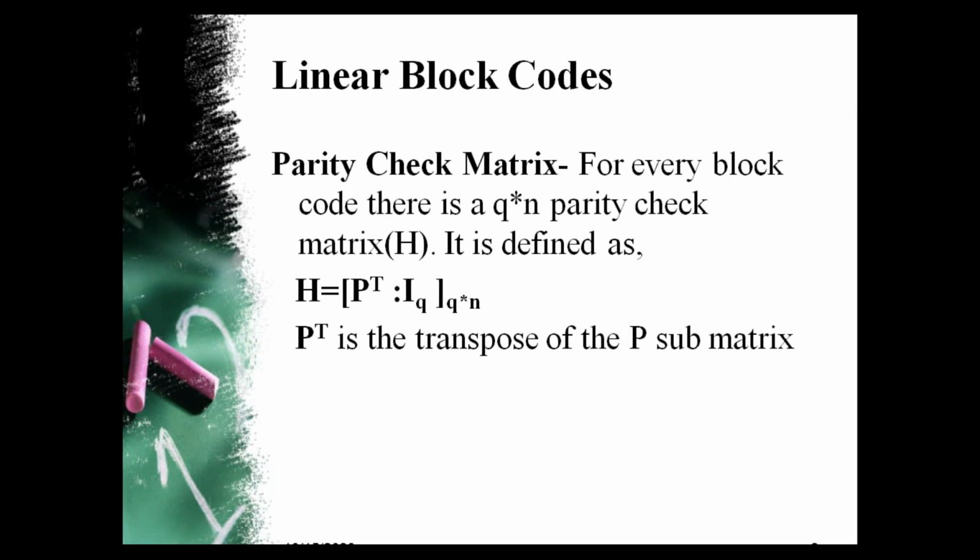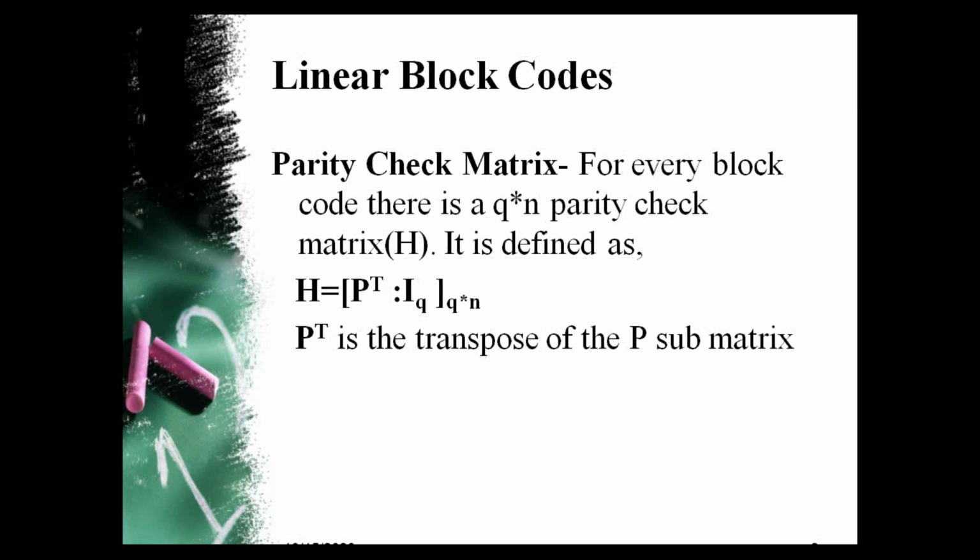For every linear block code, there is a q by n parity check matrix. The order of the parity check matrix H is q by n. We know that q is n minus k.